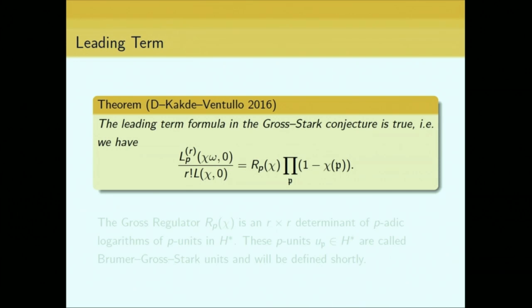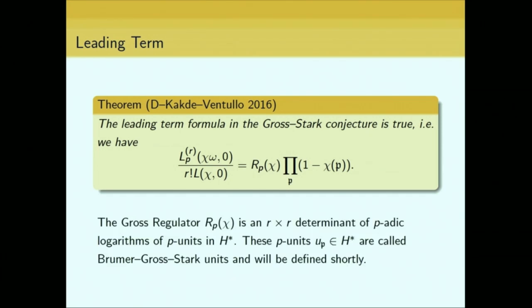And then more recently, in separate work with Mahesh Kakde and Kevin Ventullo, we proved the leading term formula in Gross's conjecture. This is just repeating what I wrote earlier. The r-th derivative, scaled in this particular way, is equal to this Gross regulator, which is an r by r determinant of p-adic logarithms of p-units in H, the extension cut out by chi.